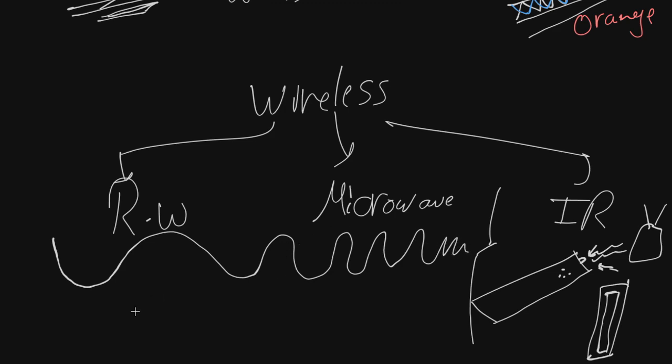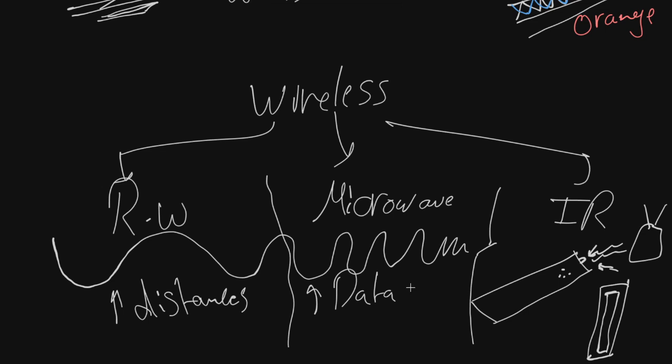So a radio wave with a high wavelength means that it can go long distances. But in the microwave, since the frequency is higher, it can carry more data. So the bit rate is higher here in the microwave, but the distance in the radio wave is higher.